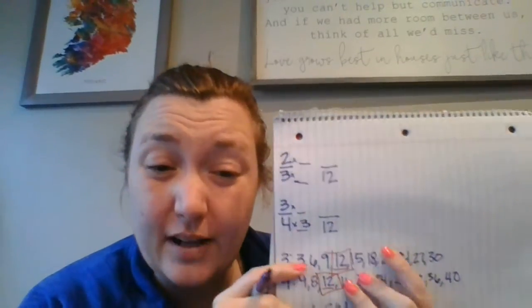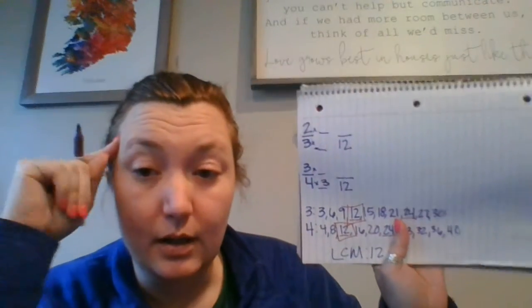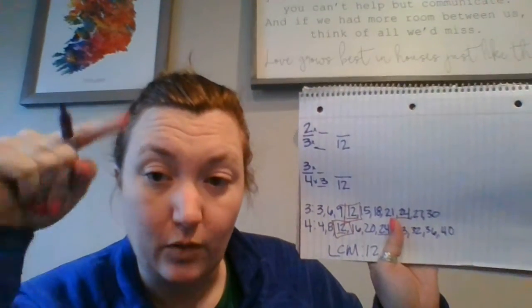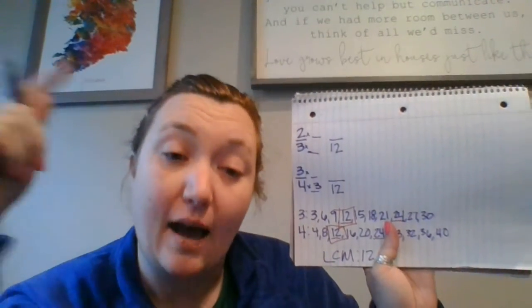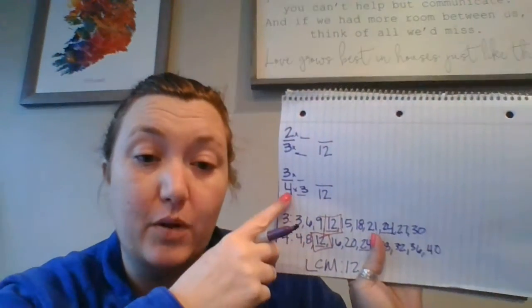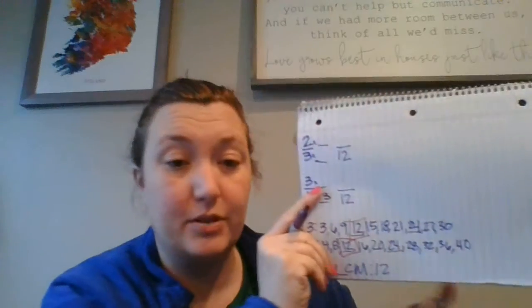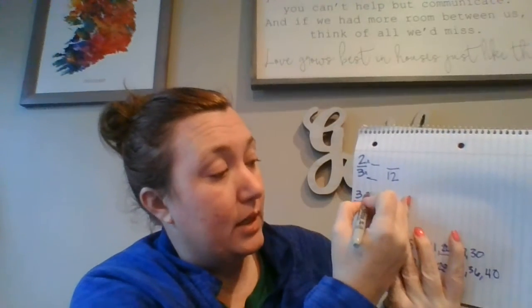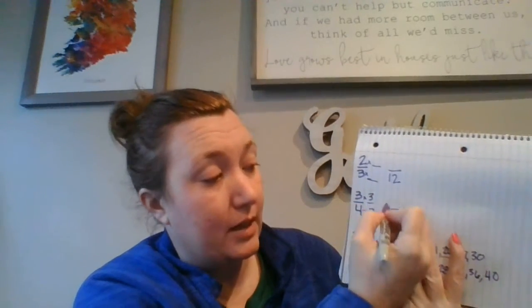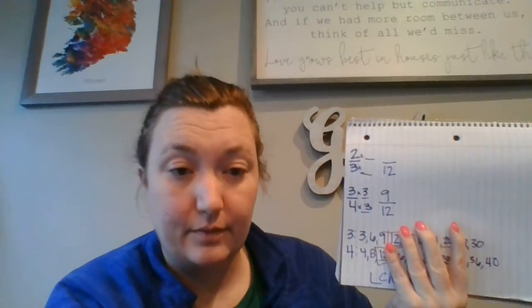And when you're working with fractions, you have to remember that for each fraction, whatever you do to the bottom, you have to do to the top. So if we multiply 4 times 3 on the bottom, then we have to multiply it at the top too. So 3 times 3 is 9, right?